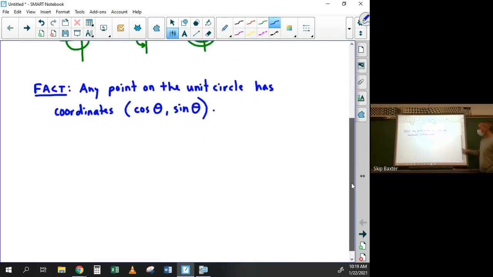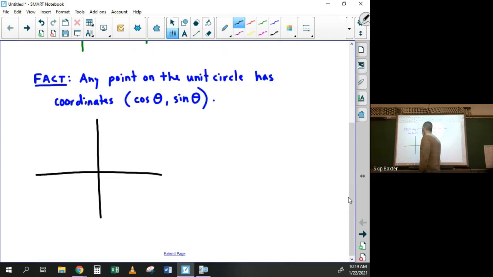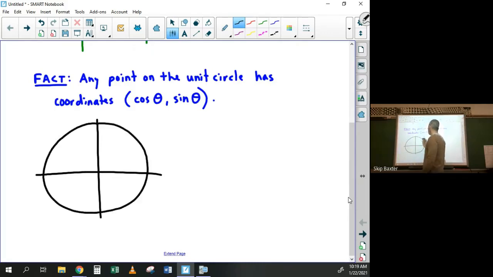Okay, so the unit circle is a circle of radius 1 centered at the origin. It's like this, where the radius equals 1.